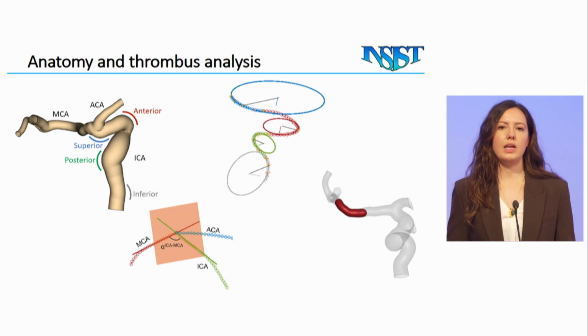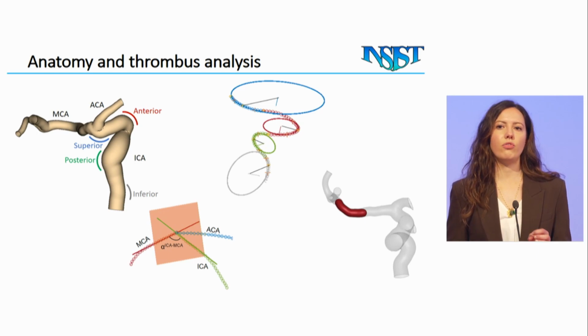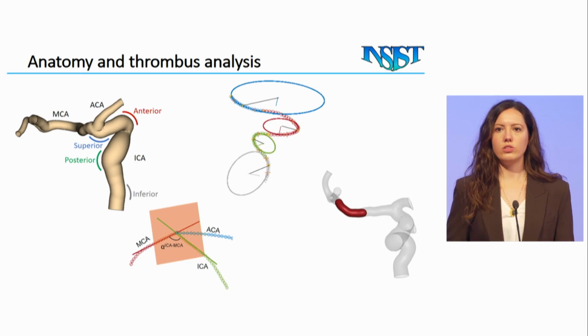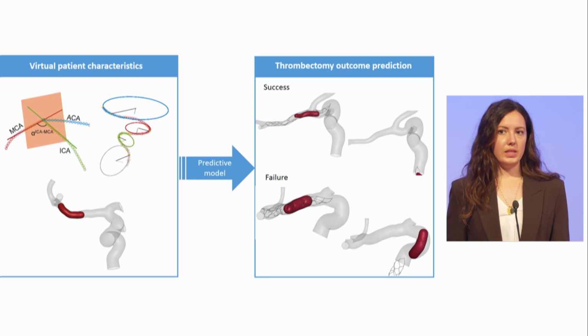So the location, the length, and the composition of the thrombus. After this analysis, we could identify a set of anatomic and occlusion parameters that have much influence on the outcome of the thrombectomy. So with all this analysis and our database with many virtual simulations of the procedure, we could build our predictive model.